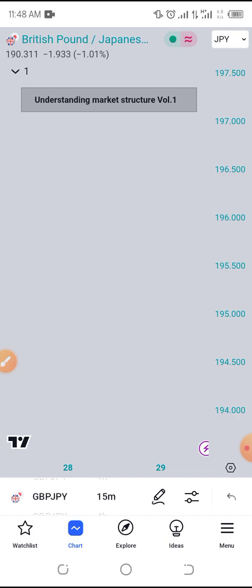The reason why I always encourage especially newbies to ensure that their knowledge of market structure is solid is because there's not much you can do in the forex market if you don't understand basic market structure. Basic market structure is the foundation for your analysis.